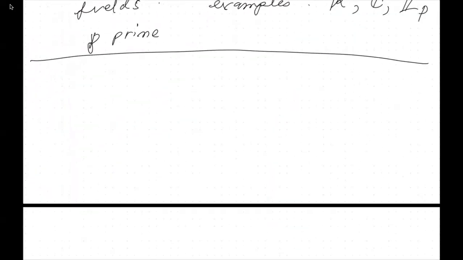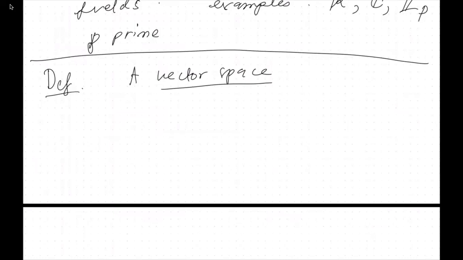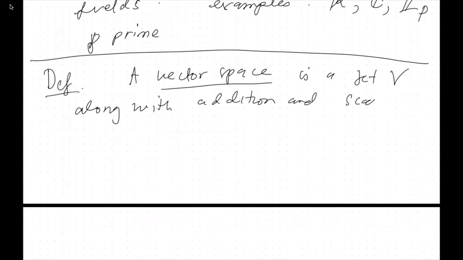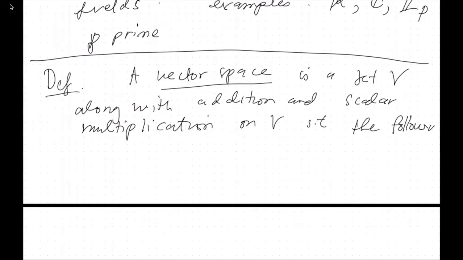And now we are ready to define a vector space. A vector space is a set V along with addition and scalar multiplication on V, such that the following properties hold.